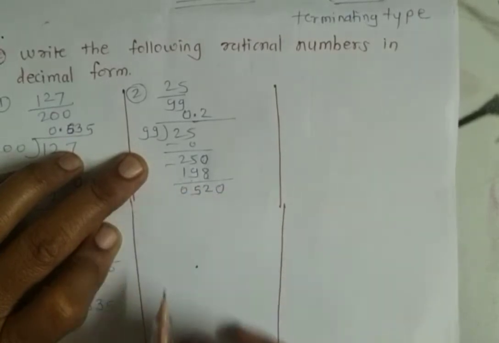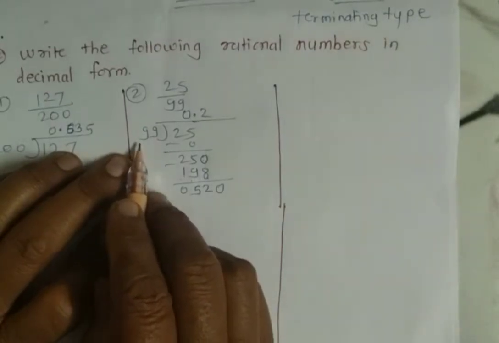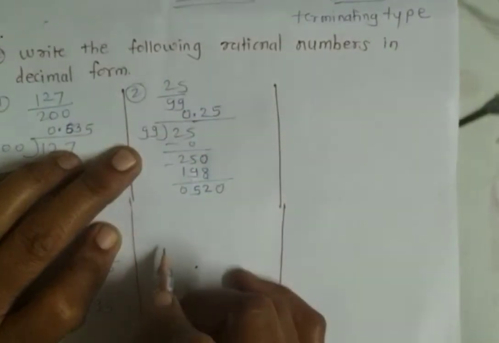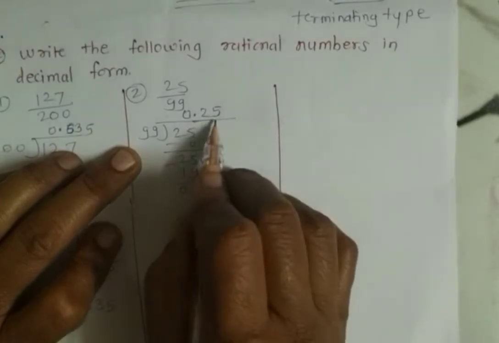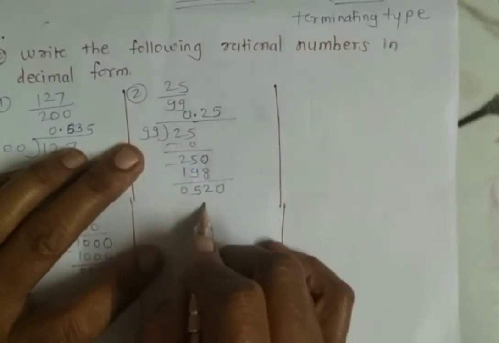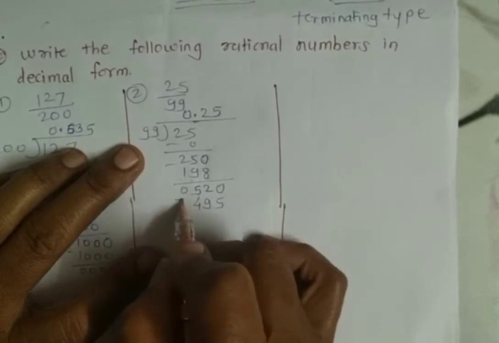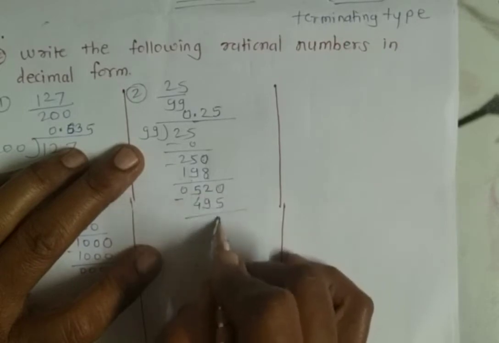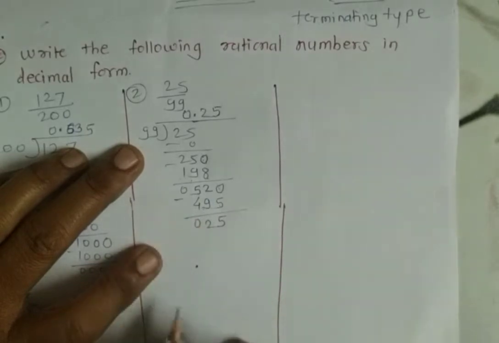Now again take one more 0. 99 multiplied by 5, because 9 fives are 45, the quotient will be 5. 5 times 99 is 495.